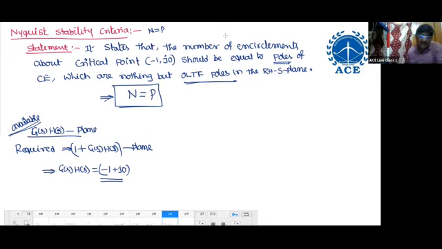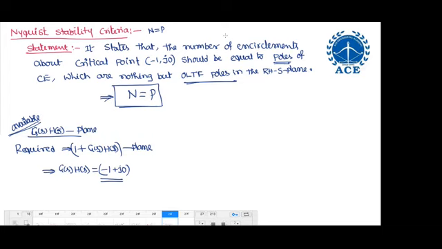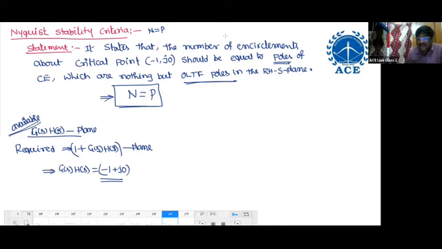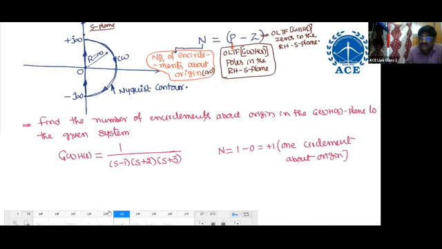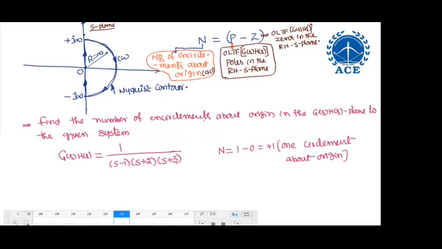Student: Sir, here in the Nyquist plot, we are talking about the right-hand poles. Teacher: I told you, the Nyquist stability criterion deals completely with the right side, because the Nyquist contour is completely on the right. What is your doubt?